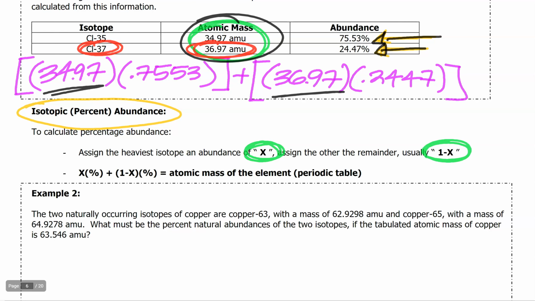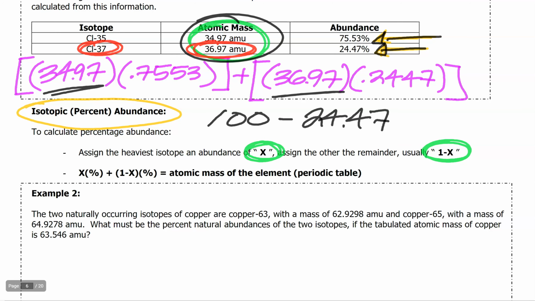If you think about the one above, it has to be a total of 100%, right? So if we have 100% and we know that 24.47% is one of them, then the remainder has to be the other.